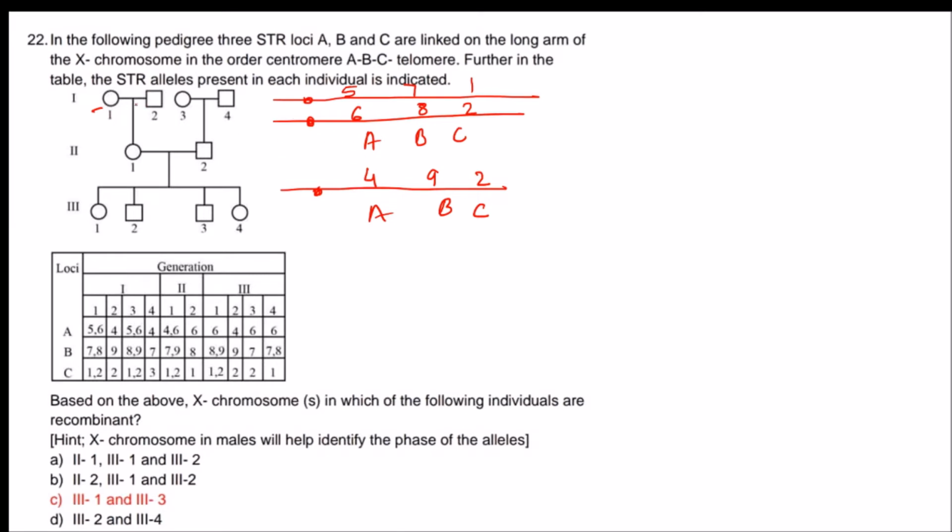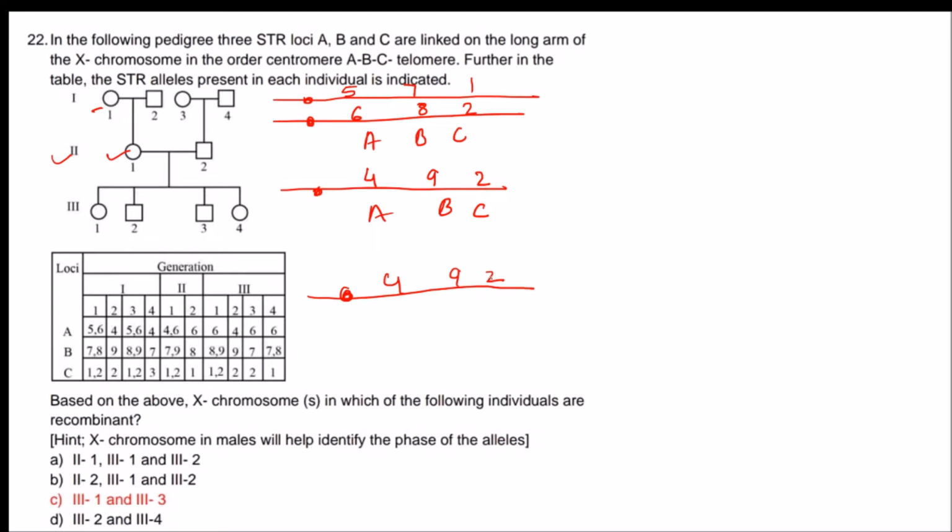The progeny from the mating of 1 and 2 is number 1 of the second generation. Now come to the second generation. Progeny number 1 is a female. No doubt she will have 1 X chromosome from the male, so definitely she will have the 4, 9, 2 alleles.